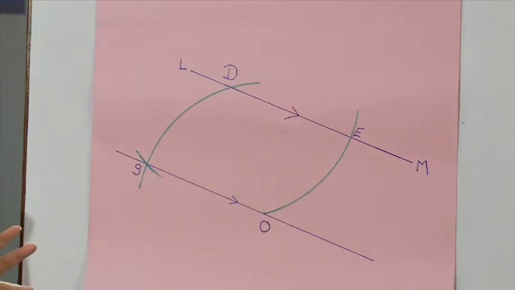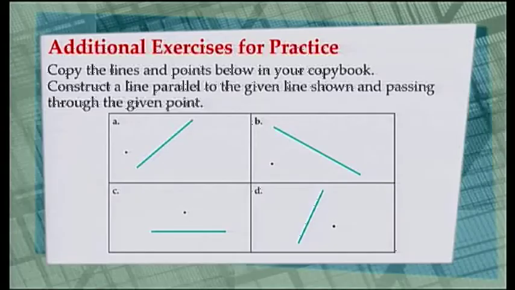Simple, okay, right? Now, you've got a few exercises for you to practice now. Now you need to copy the lines and points below. In your copybook, you construct a line which is parallel to the given line, but which goes through the point.